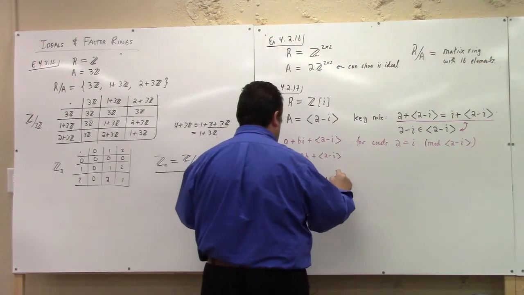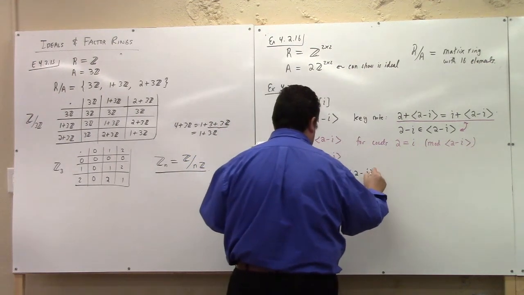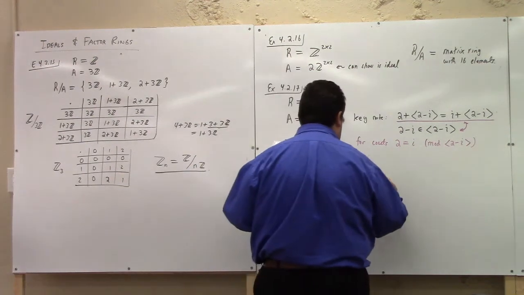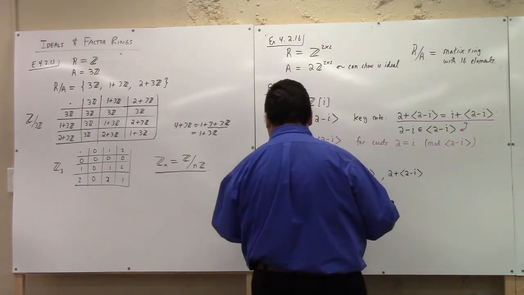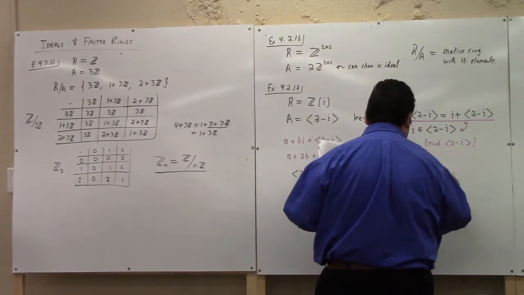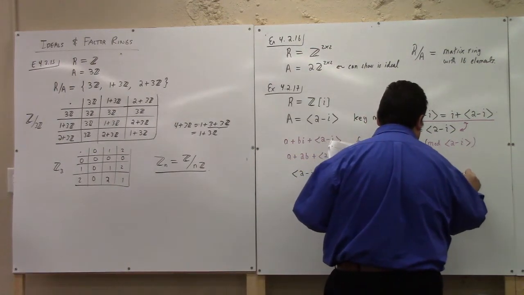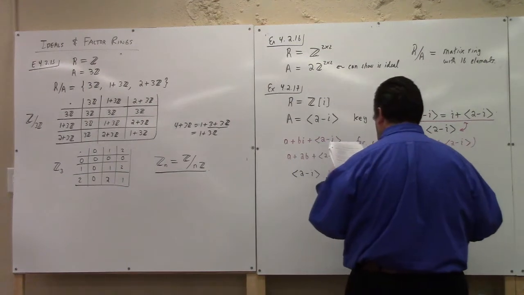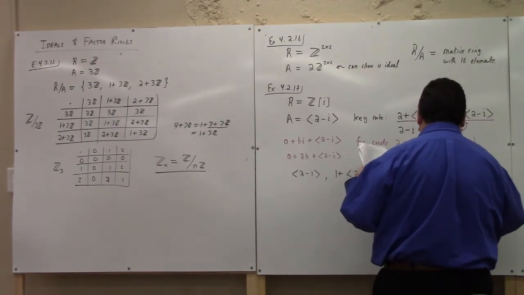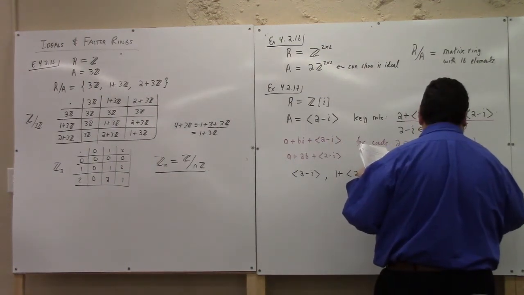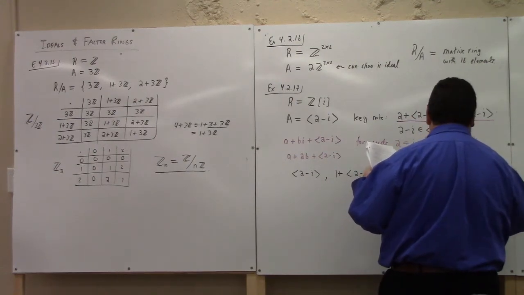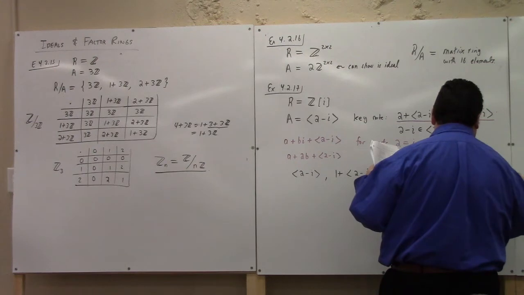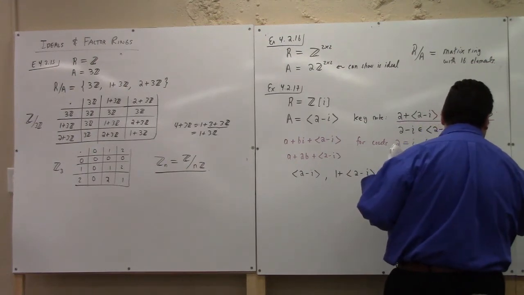There is 1 plus that, there is 2 plus that, and there is 2 plus i plus that. And then there is, finally, 1 plus i plus that, which you could also write as 3 plus that.